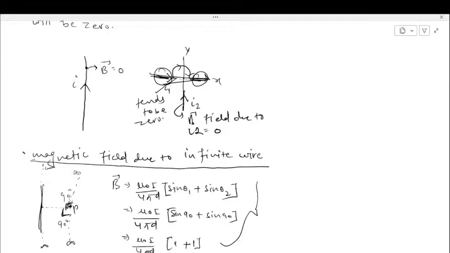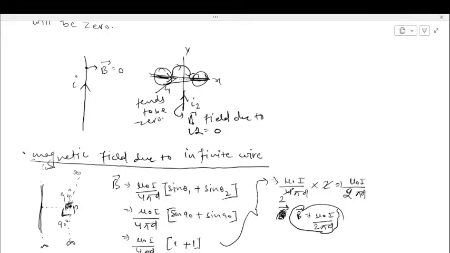If we extend this further, we get mu naught I upon 4 pi d into 2. The 2 cancels, giving mu naught I upon 2 pi d. We can say that the magnetic field due to an infinite wire at point P is equal to mu naught I upon 2 pi d. This is the result we have to remember.